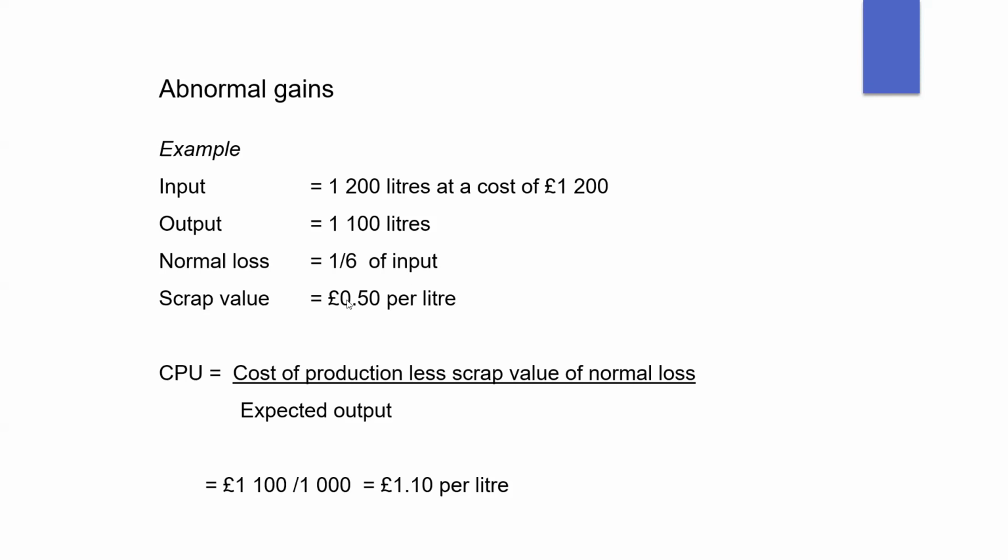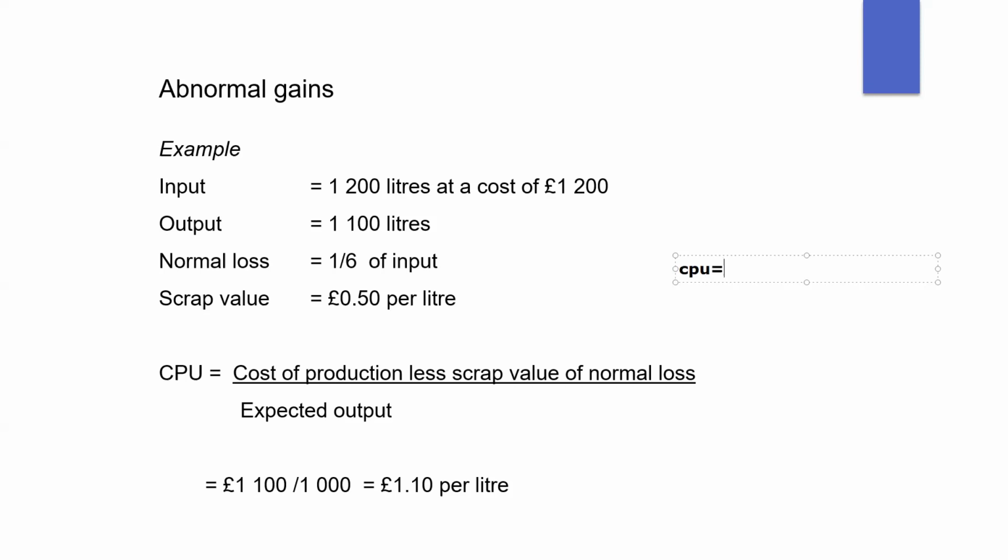It says the scrap value is 50 pence per liter. Now let's calculate the cost per unit. First we are going to take the total cost, and from the total cost, we are going to deduct the normal loss value.